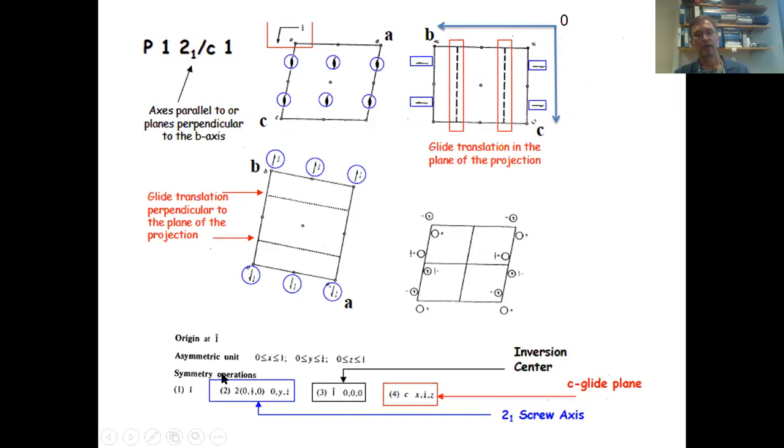Okay. So for the screw axis, you can see that we have the symbol 2, and then the coordinates 0, y, a quarter.